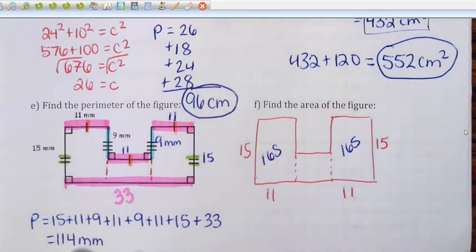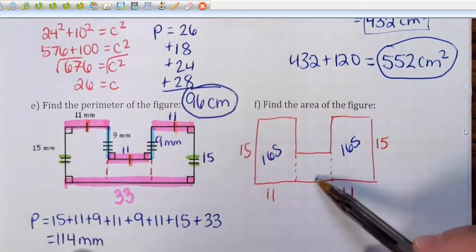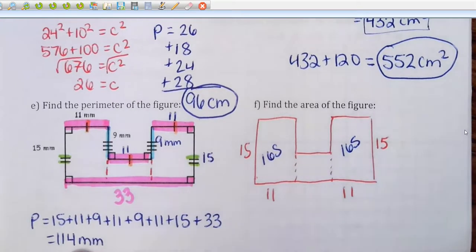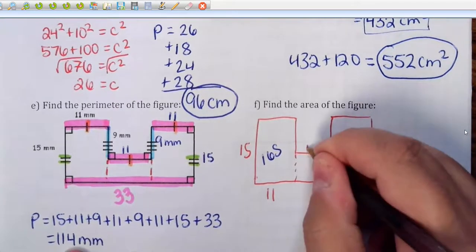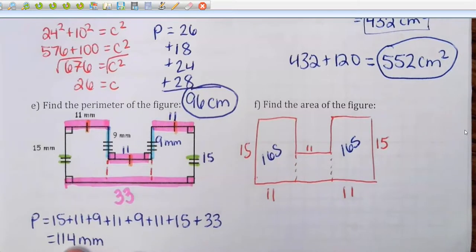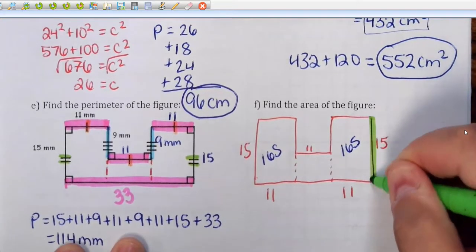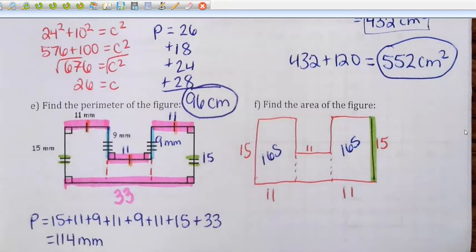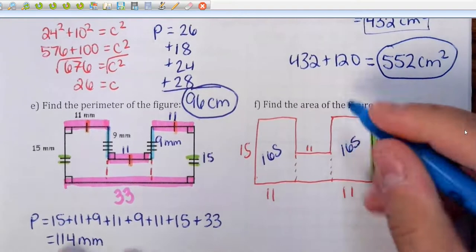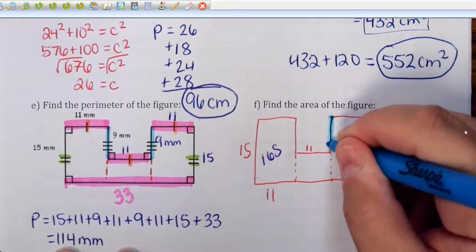Now, I still need to find the area of this little piece right here. I know this is 11. What I have to figure out is what this little dotted line would be. Okay, so let me just grab my highlighter here. This is 15. And if you look back to the diagram here, this much of it is 9.